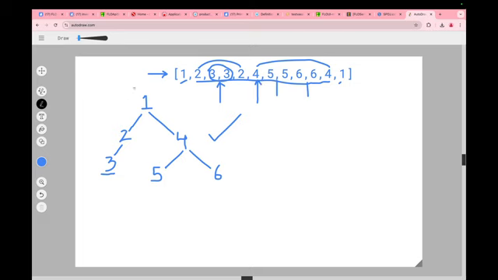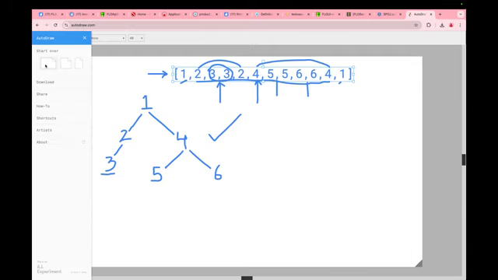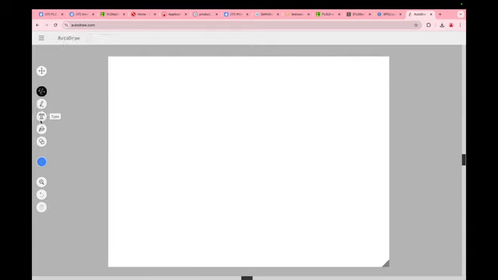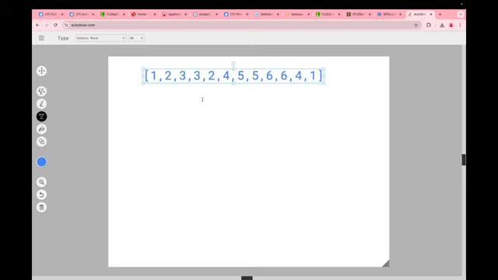Let's discuss over here. Okay, so I will just try to copy this particular thing and simply paste it over here for now. Now you see that 1 is the parent and the direct children of 1 are 2 and 4, two direct children.